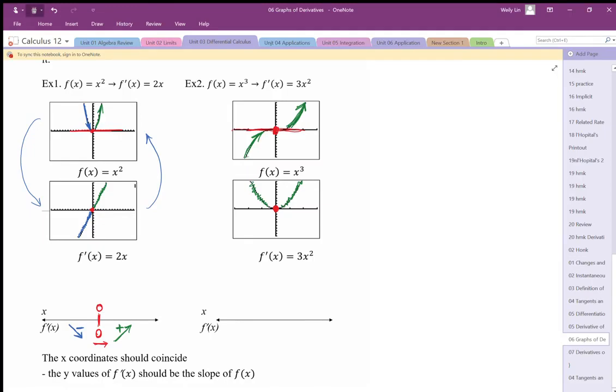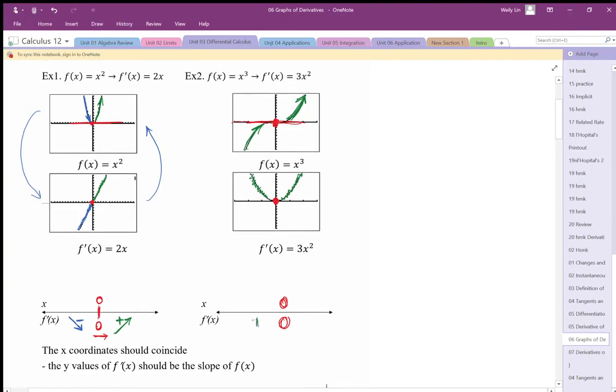I also want to relate this to the slope chart again. So at x is 0, I have a slope of 0. On the negative side of x, I'm going to have positive slope. Okay, so I'm going to have positive slope that looks like this.